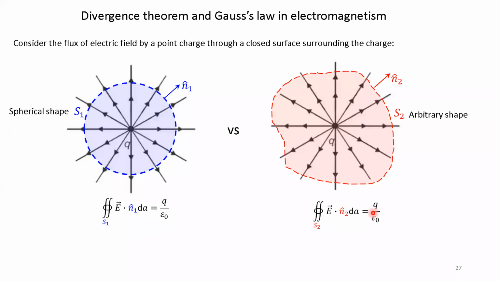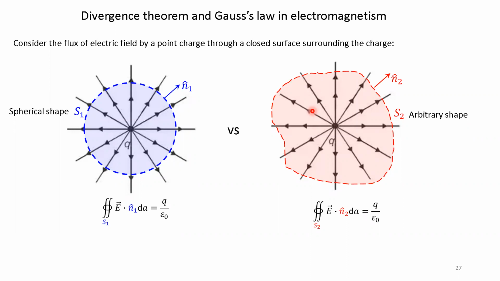So this is something you have learned. And I'm sure that you also have learned the proof on why the flux is independent of the shape of the surface that you choose. Here I just want to give you a second proof, based on the divergence theorem that I've just talked about, to give you a second perspective.